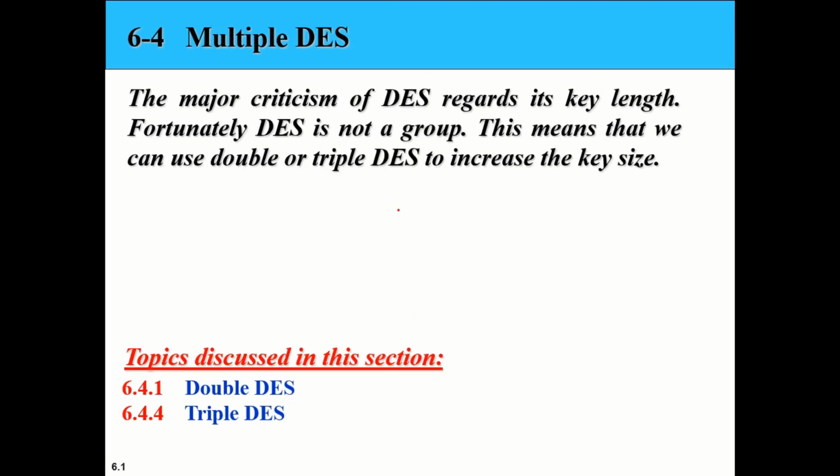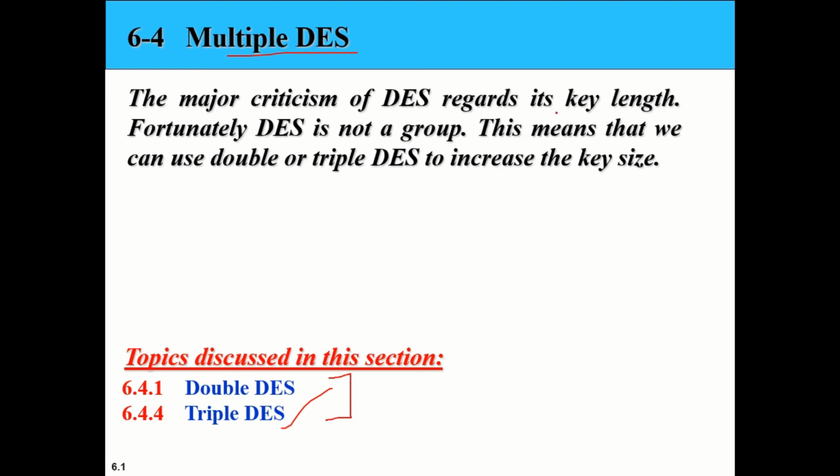So today we will discuss the last two parts of DES, which are multiple DES and the security of DES. About multiple DES, I told you that we can use 2 DES, which is called double DES, and 3 DES, which is called triple DES. Why were these multiple DES introduced?